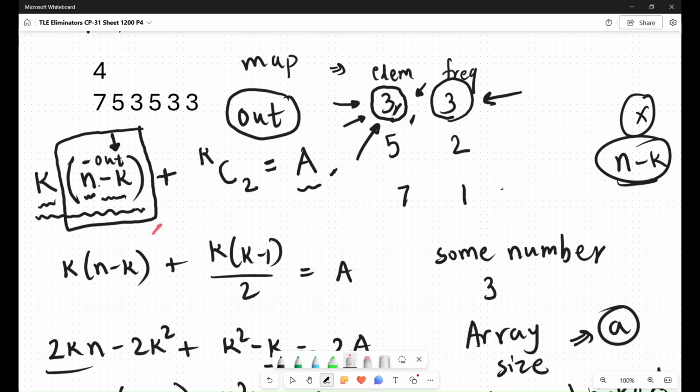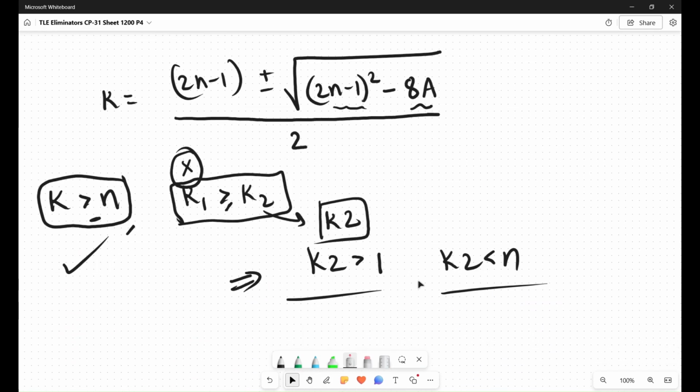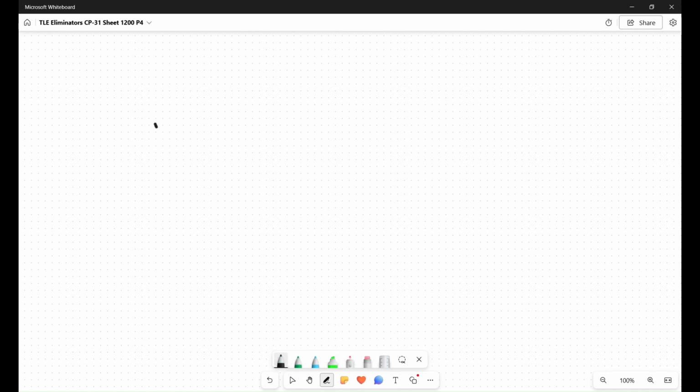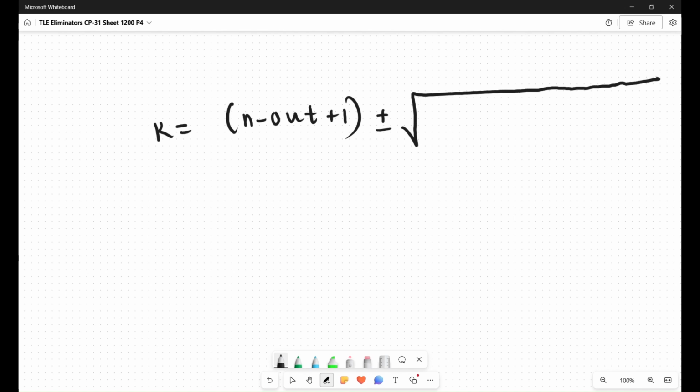So you try to calculate what will be the original equation for k then. Let me directly give it to you. So k is equal to n minus out plus 1 plus minus root over n minus out minus 1.